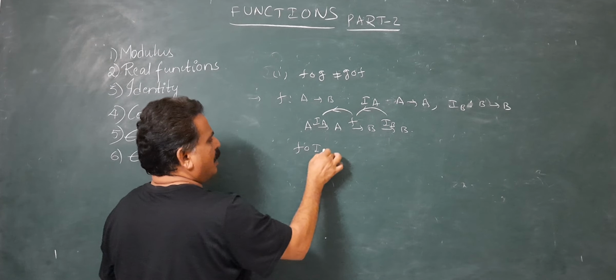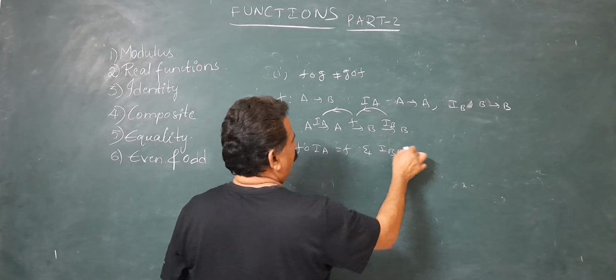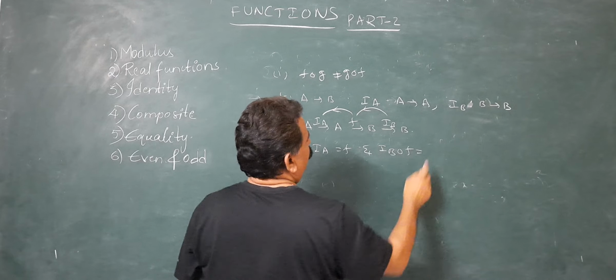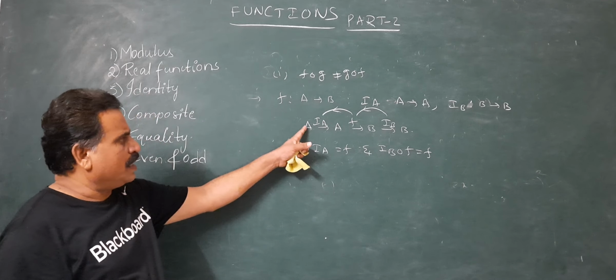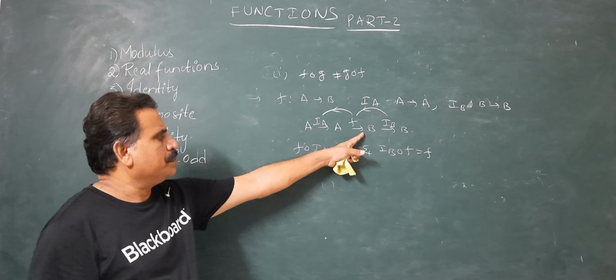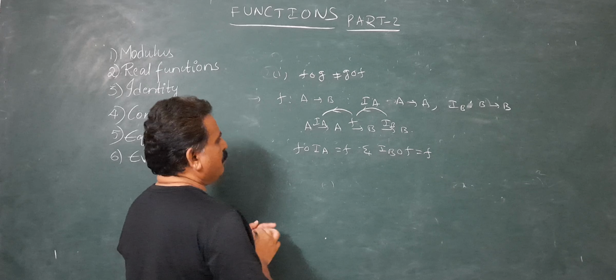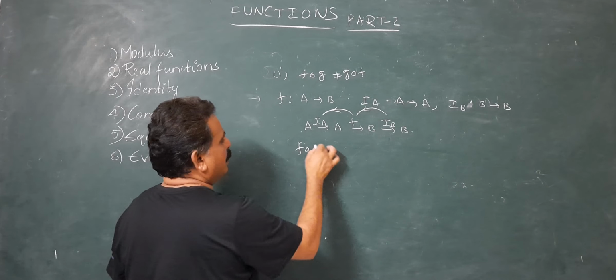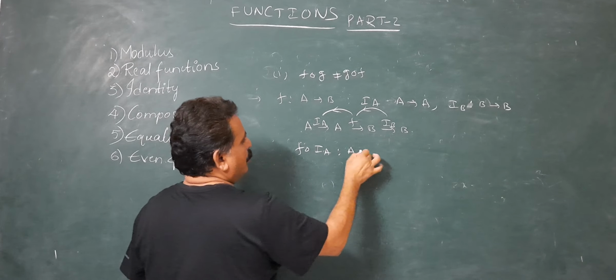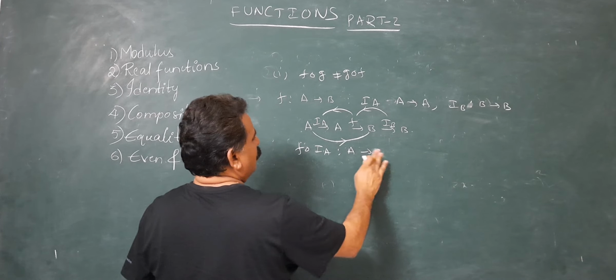F circle IA equals f, and IB circle f equals f. F circle IA maps from A to B.